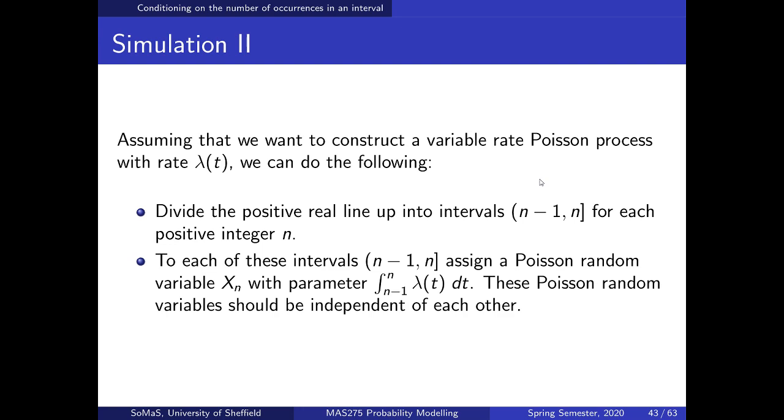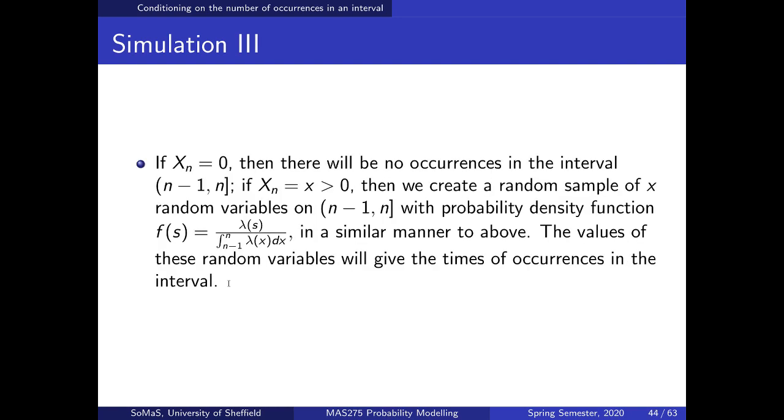So we know that on each of those, if I choose n minus 1, n, the total number of events which will happen inside is a Poisson variable with parameter the integral between n minus 1 and n of the rate. So call that xn. That's the number of occurrences between n minus 1 and n. And then we just need to place them exactly at the spots where we want them to be. And now that we know the behavior conditionally on the number of occurrences, this is easy.